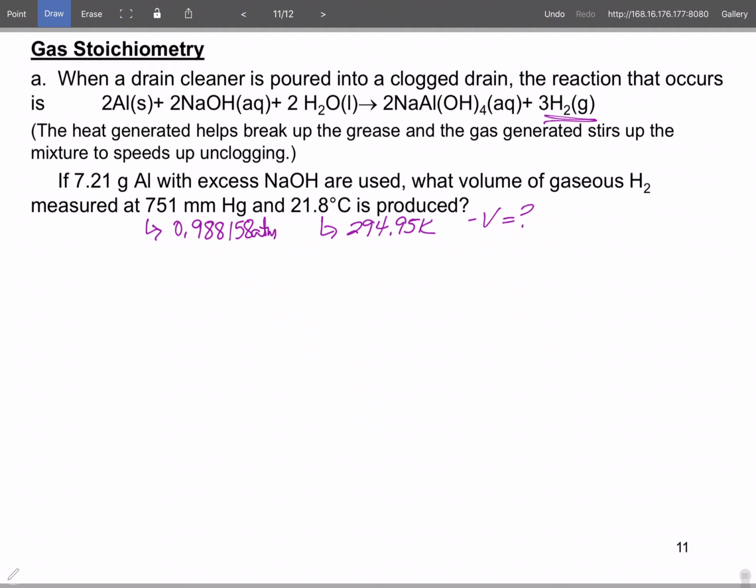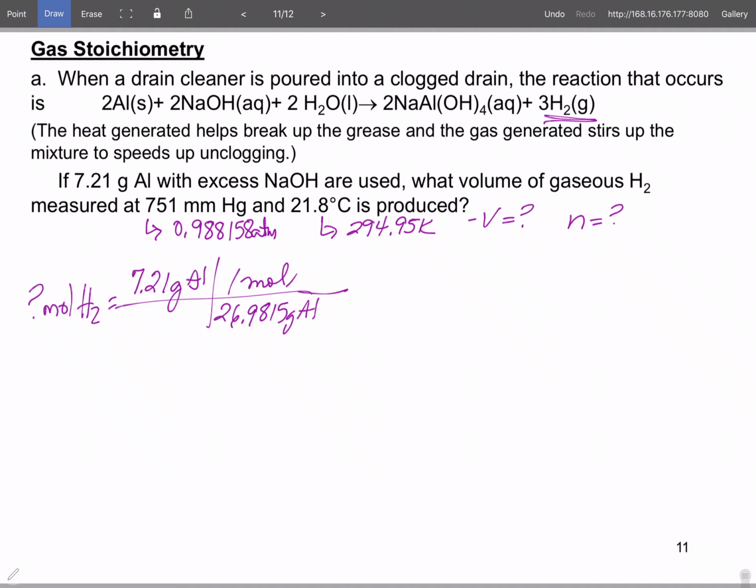But the other thing that's missing is moles. So we're going to get the moles from the stoichiometry. So we need the moles of hydrogen. Now be careful, when we did stoichiometry before, we always went to milliliters using molarity, or we went to grams using molecular weight. Here we don't have to do that. So we'll start with 7.21 grams of aluminum. We look at the atomic mass, which is 26.9815 grams of aluminum, or as the British say, aluminium, per 1 mole of aluminium.